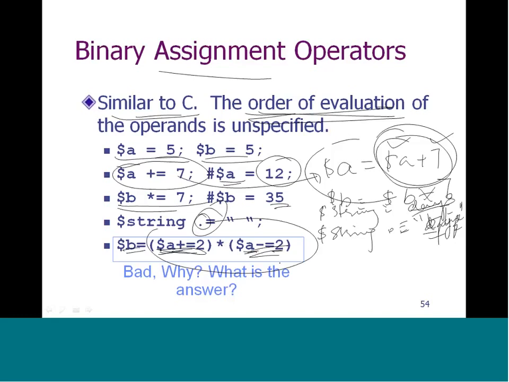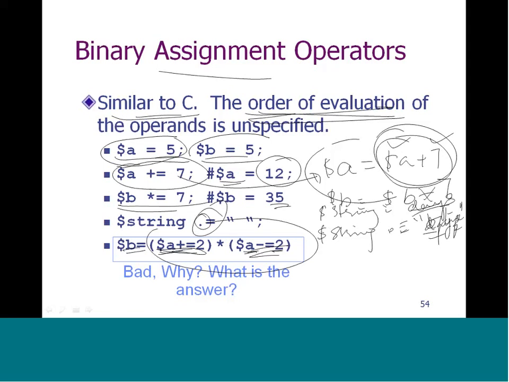Meanwhile, I want you to experiment with this particular assignment, see what happens, and explain why you are getting that answer. So first of all, find out what your answer will be when you do this. Follow this one: just make $a as 5 and then just do this operation.